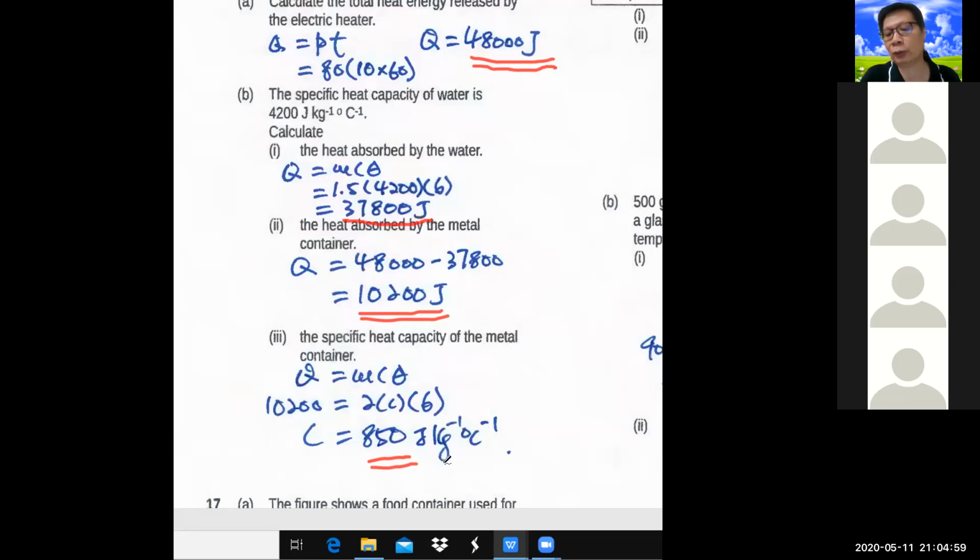Pay attention to the unit. Now you see the metal container's specific capacity is smaller, only 850. Water is 4,200. For water, the value you must remember is 4,200. Then for metal, 850. Less. Joule per kilogram per degree Celsius.